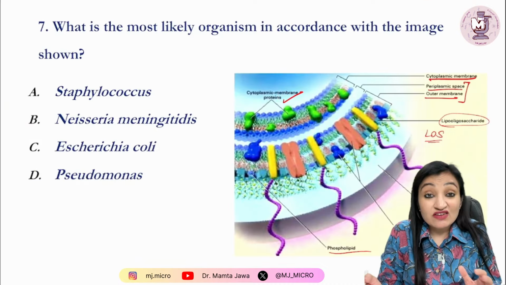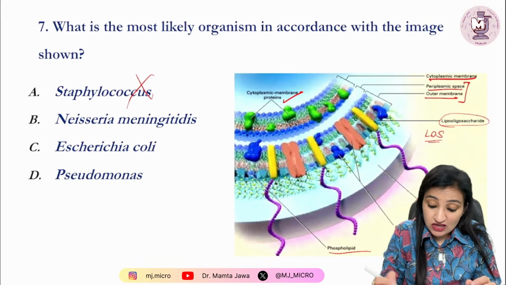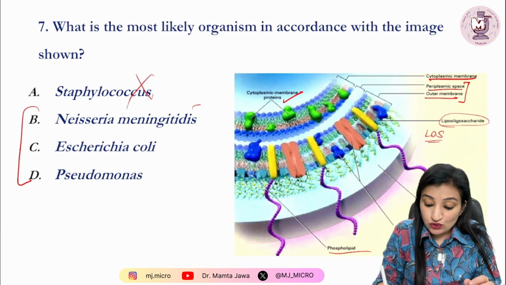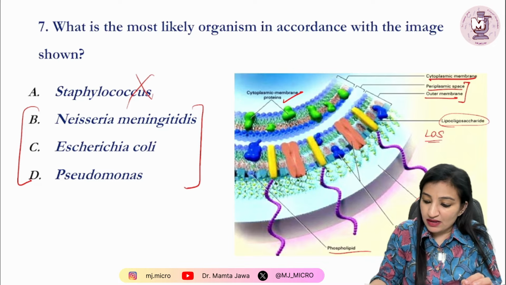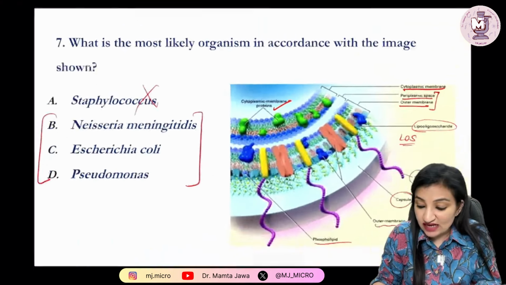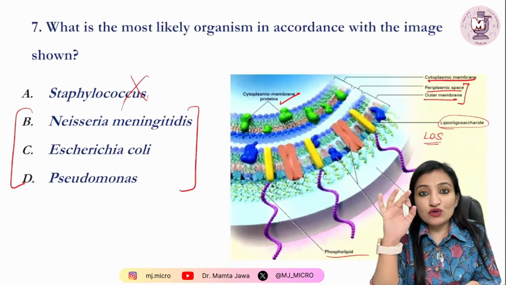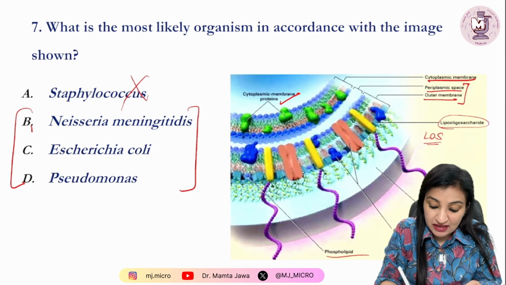ठीक है। Now स्टेफाइलोकोकस ग्राम पॉजिटिव है, रूल आउट हो गया। ठीक है, बचे कौन से, B, C, D, तीनों के तीनों नेसीरिया मेनिंजाइटिस, ई. कोलाई, स्यूडोमोनास सब ग्राम नेगेटिव तो हैं, लेकिन क्वेश्चन में फिर हिंट क्या है हमारे लिए, लाइपो ऑलिगोसैकेराइड ना, लाइपो ऑलिगोसैकेराइड जो है that is present in Neisseria meningitidis.